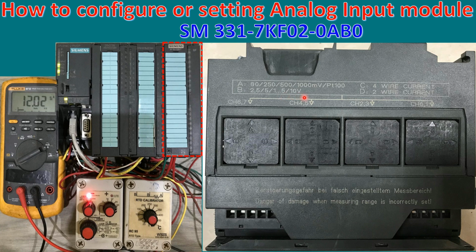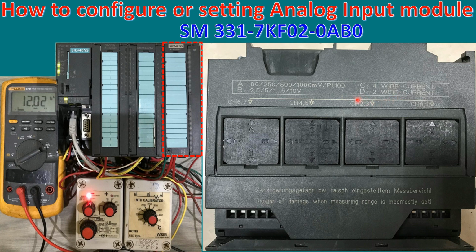So in the options of TIA Portal, I will focus on how to select it. This hardware we can take out by using a screwdriver. We can take it out and then select the option. If we select option C, it means that we use 4 wire current, yes, 4 to 20 milliamp.